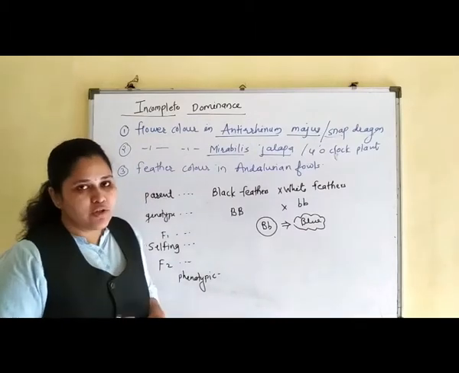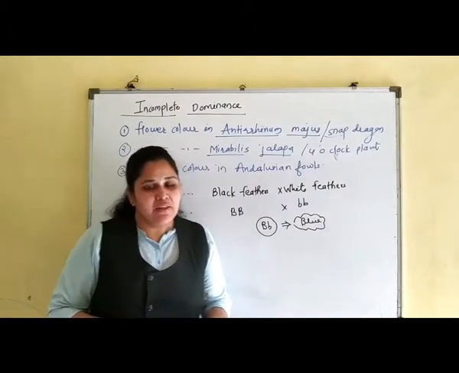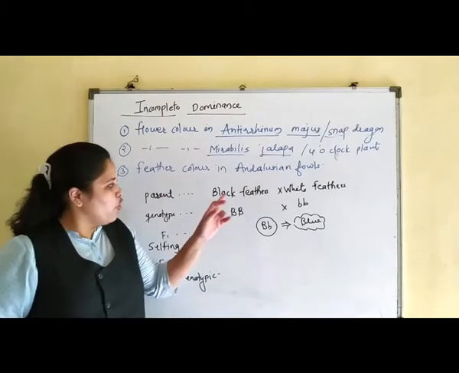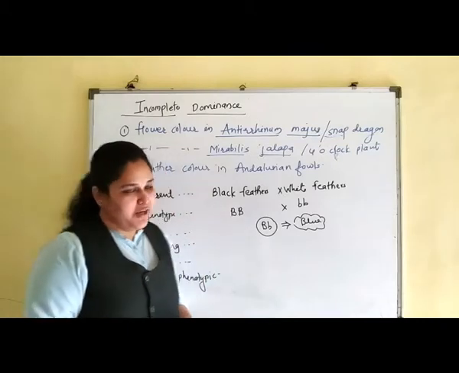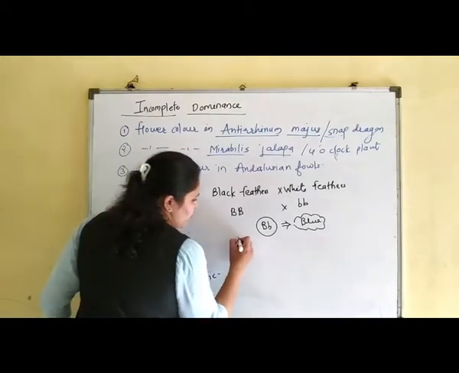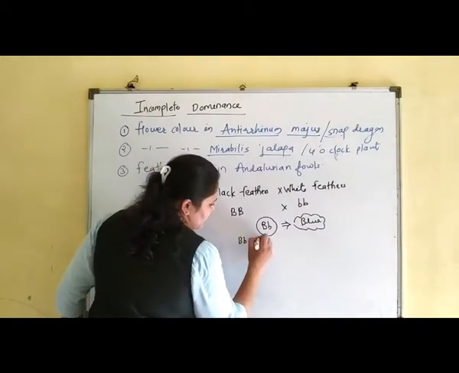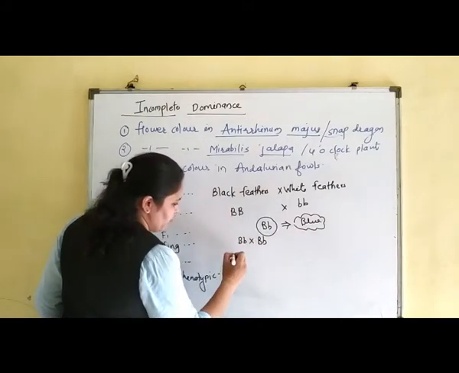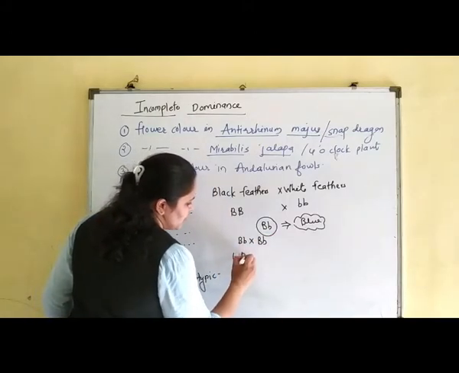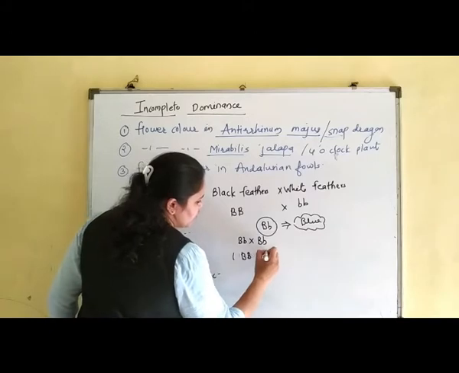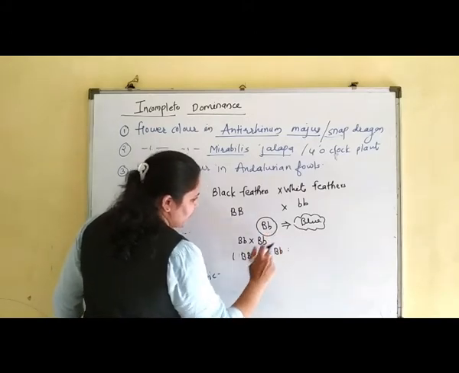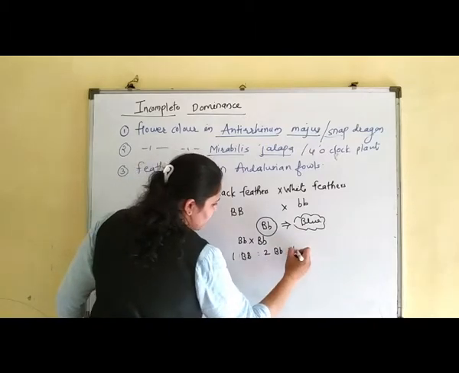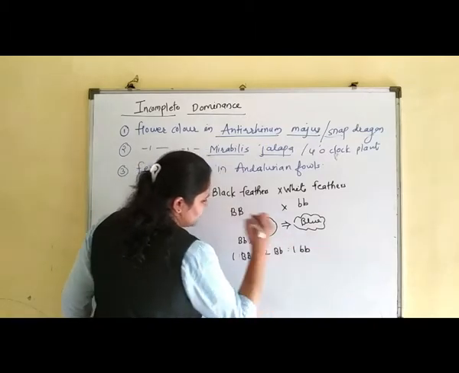Fine. Because of the presence of the recessive allele, there is less expression of the dominant allele, resulting in blue coloration. So again, if we go for the selfing, capital B, small b, we will get the same type of result. That is 1 homozygous dominant to 2 hybrid, that is the intermediate phenotype, and 1 again recessive.